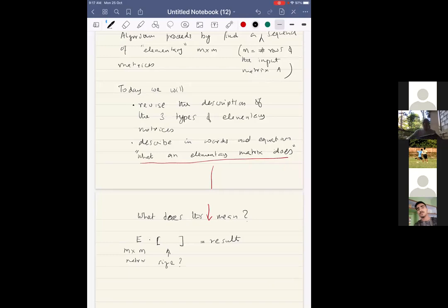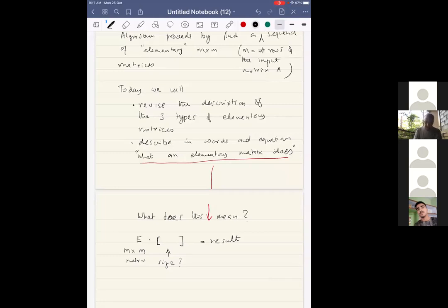I want you to tell me what are the possible sizes of a matrix that I can multiply on the right.